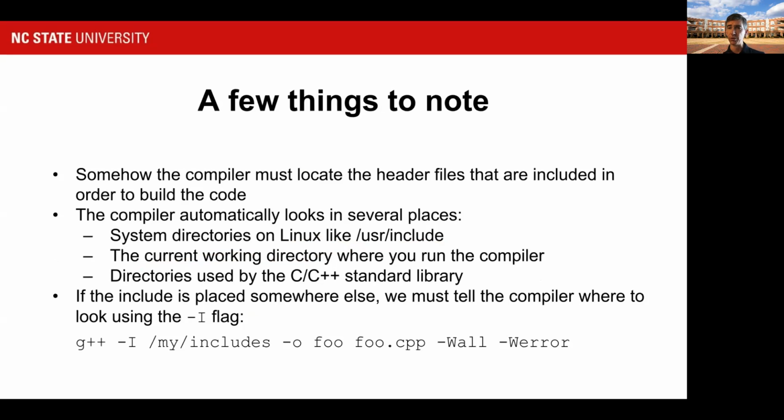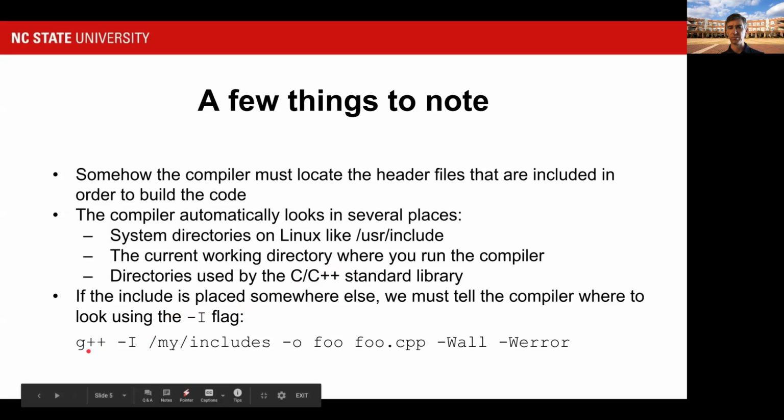Now, if you wrote your own header file and it's not in any of those directories, then the compiler is not going to be able to find it. It's not going to do a search over your whole system looking for a header file. And in that case, you have to tell the compiler exactly where to look for your header file. And the way we do that with g++ is to pass in an extra flag, which is the include flag, and it's written -I.